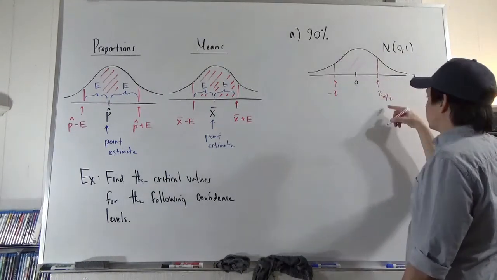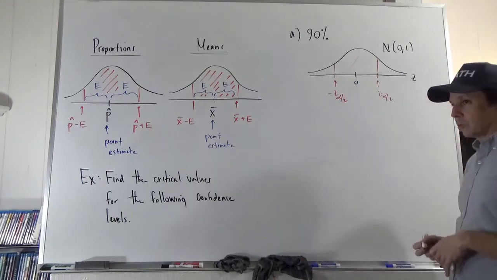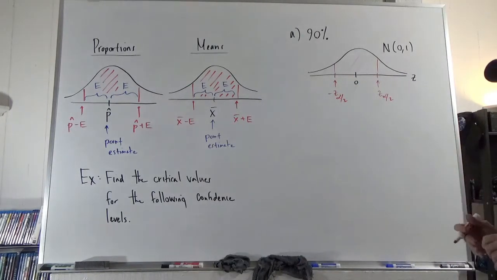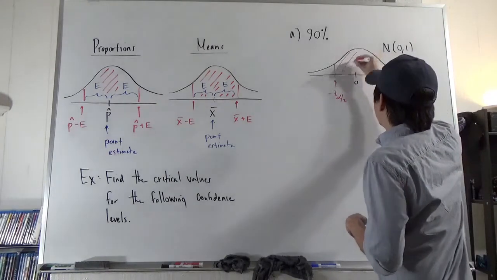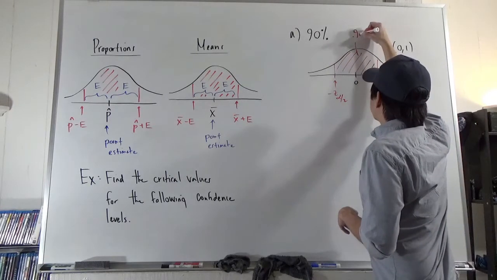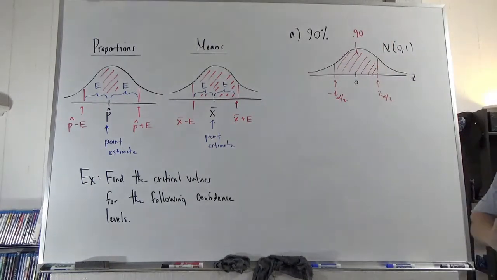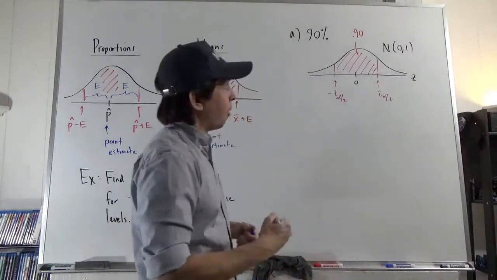Specifically, I'm going to use the labels. That's z alpha over 2 now. That's what it's called. You don't need to worry about what that alpha is. I talked about it, but I said don't worry about it. It's beyond what we need to deal with. But we do need to understand that we're looking for those two z scores that contain 90% in the middle. So 0.90. We'll use a decimal form always.